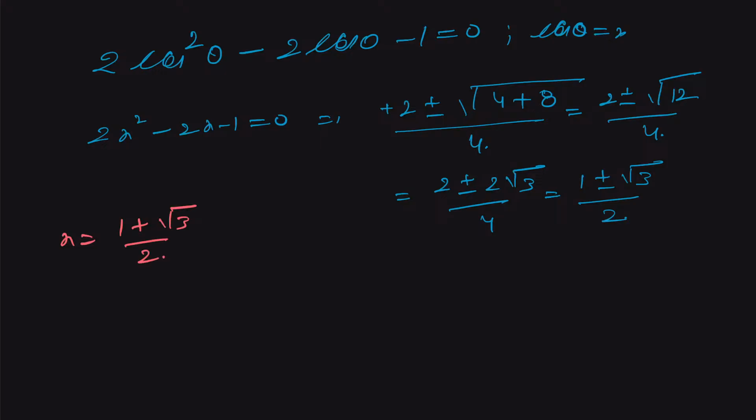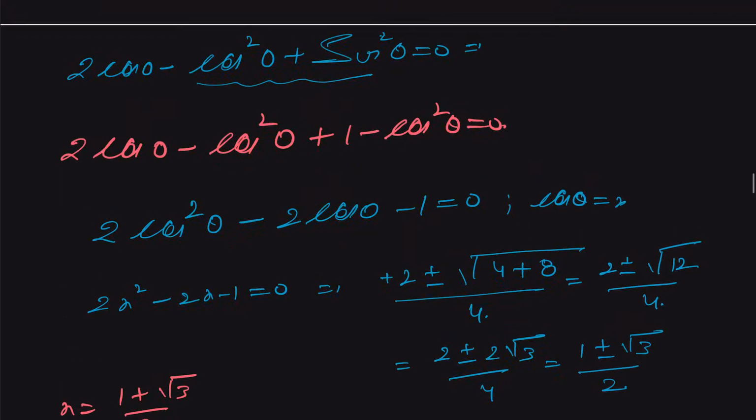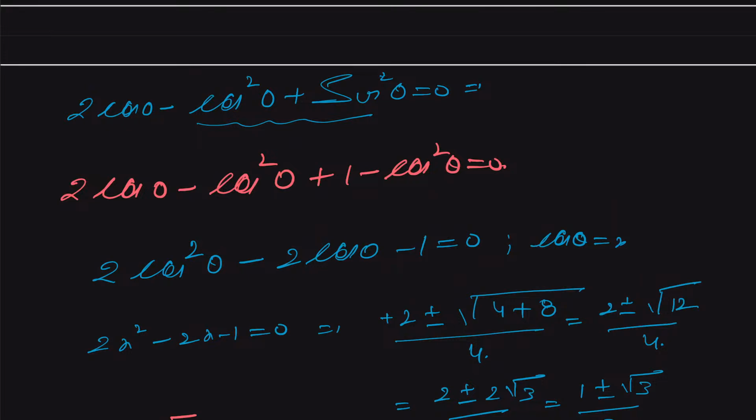I think this got complicated because cos, this is our 1 minus cos square, and this comes as 2 cos² θ minus 1.